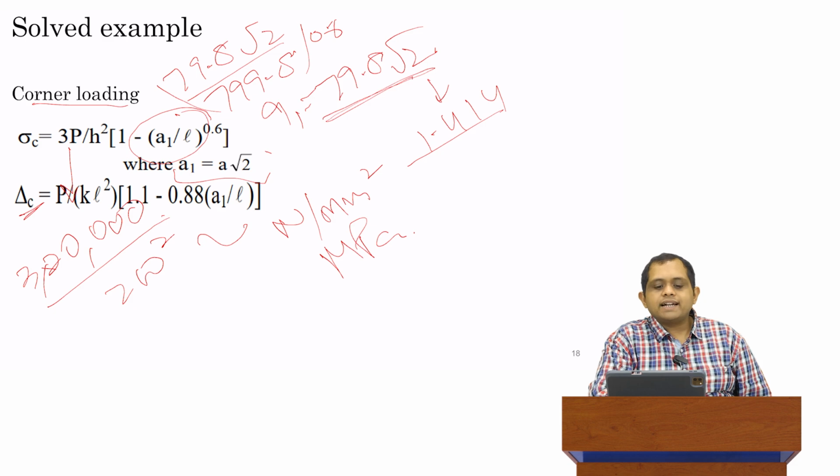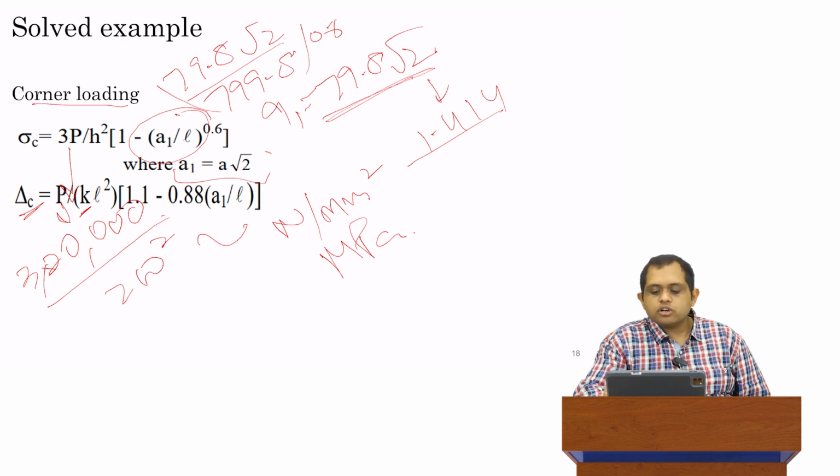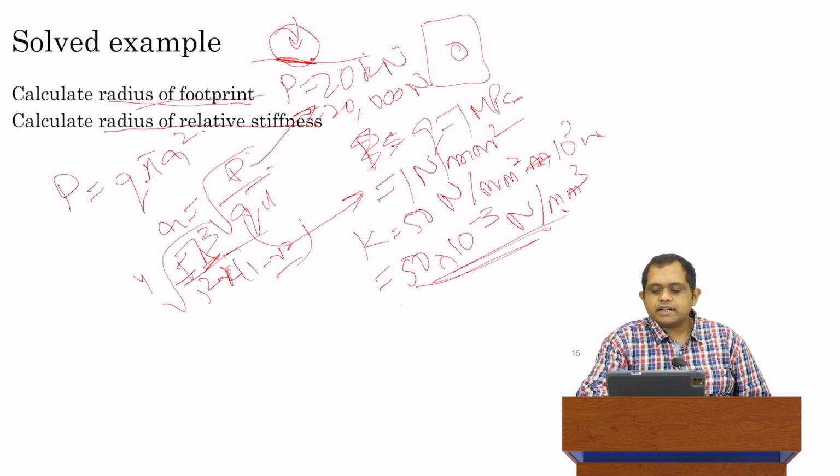Now, let's look at delta C. P again is going to be 20,000 newtons, so we are still using newtons. K is going to be in Newton per cubic mm, right? Because you have to do that conversion, it's going to be 5 into 10 power minus 3 Newton per cubic mm, which again, I did their entire derivation over here.